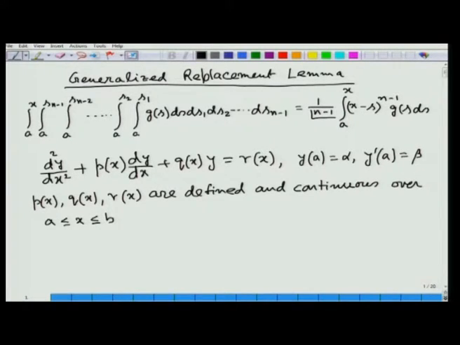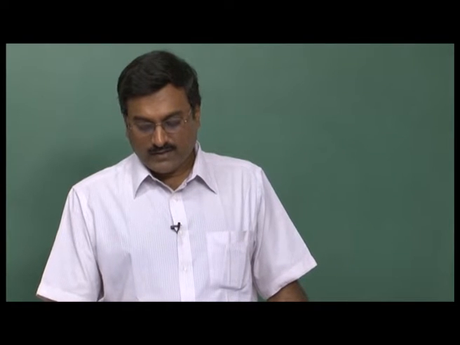Now, our target is to convert this ordinary differential equation into an integral equation, and in the process of constructing this equivalent integral equation, you can see that these two given initial conditions will be absorbed into different steps of the formulation.